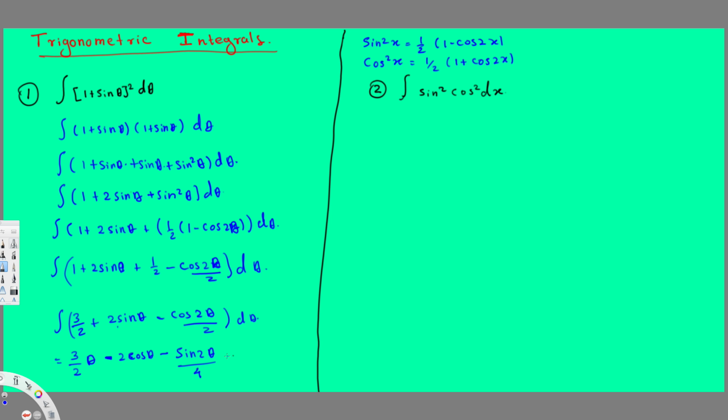And this is our integral plus constant. Now that is our final answer.